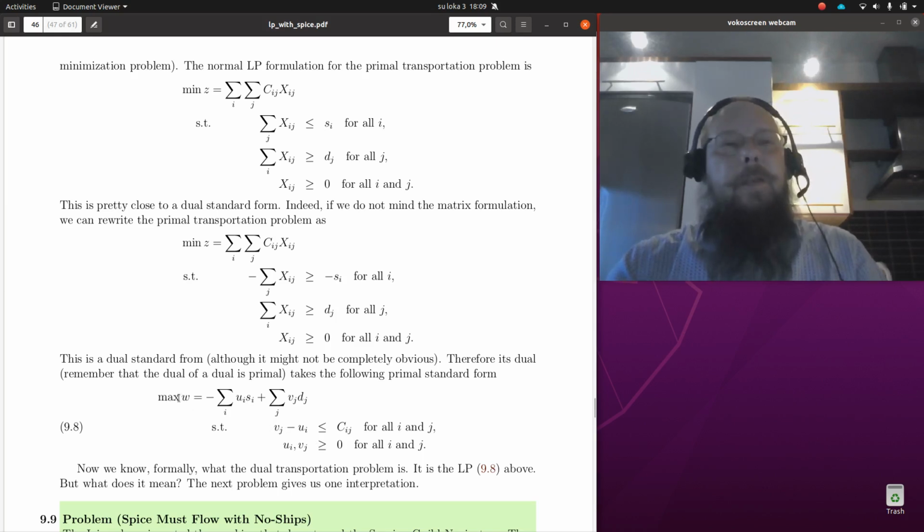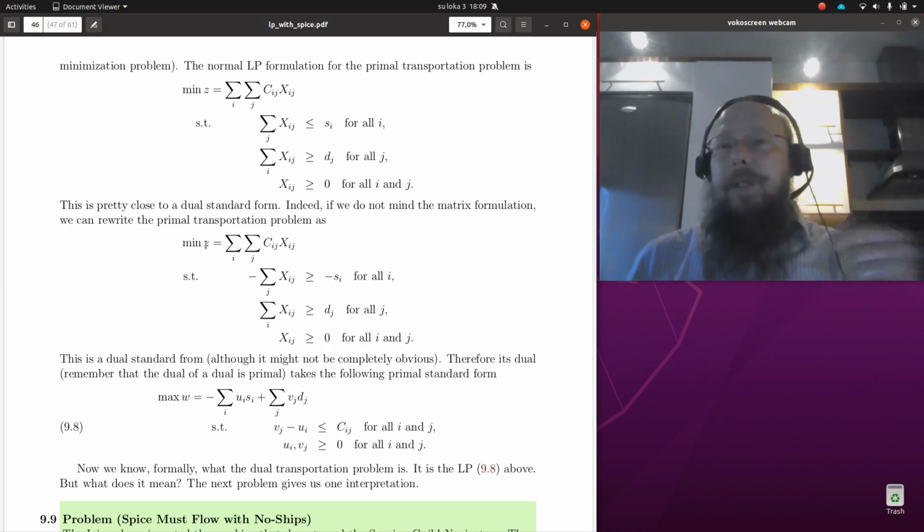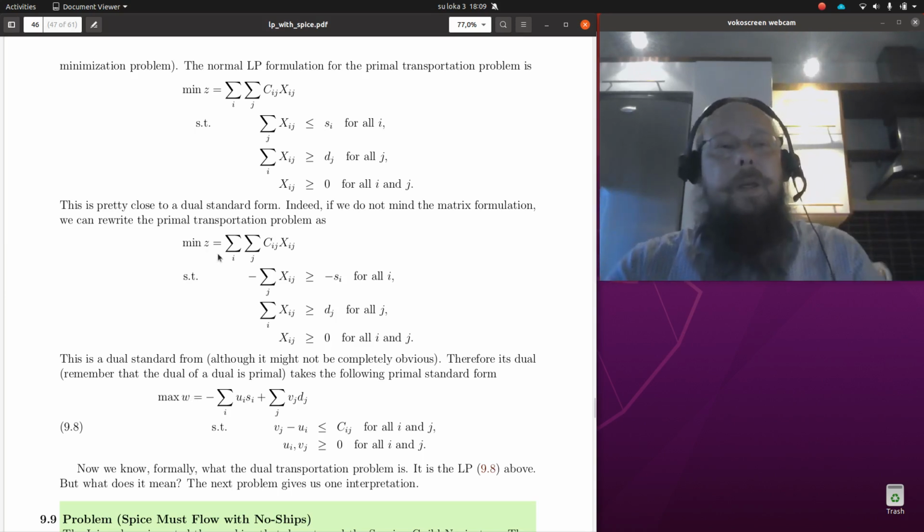So the dual is a maximization. I put the W just to distinguish z and W. Usually we had a minimization W and maximization z. Let's have it this way, it doesn't matter really. So we have to maximize minus the sum of u_i s_i plus the sum of v_j d_j. This is how the objective comes about, with this minus on the s_i's and d_j's. Then v_j minus u_i must be less than or equal to c_ij for all i and j.